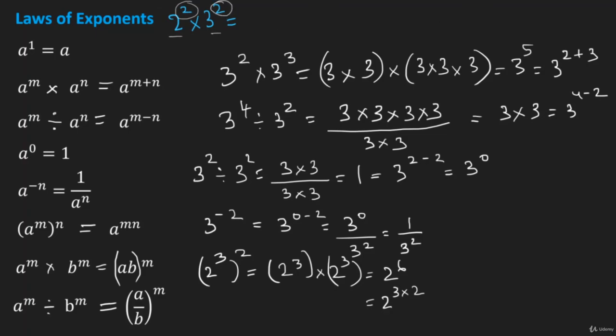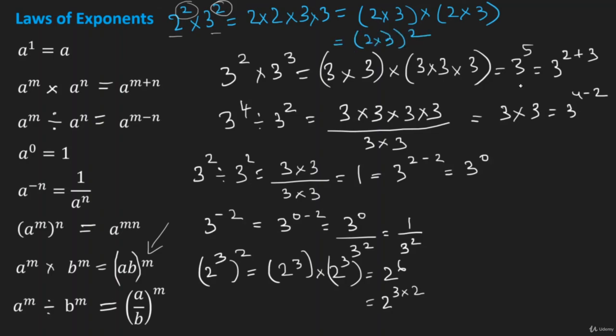In this case, let's try to understand why we can write it like this. Let me expand it. This is 2 into 2 into 3 into 3. And let me club it like this: 2 into 3 into 2 into 3. Now this is equal to 2 into 3 the whole square, right? 2 into 3 is getting repeated 2 times. You're multiplying it.